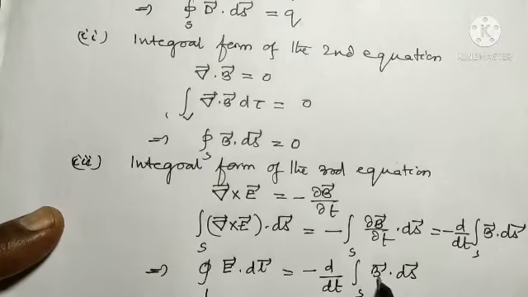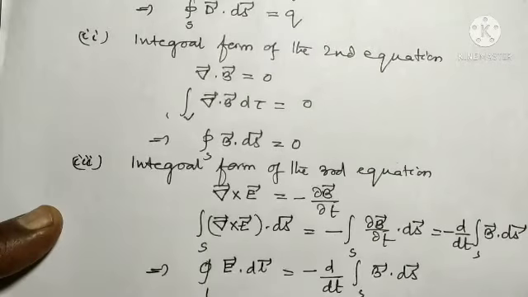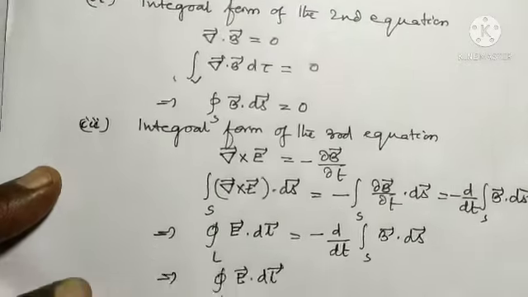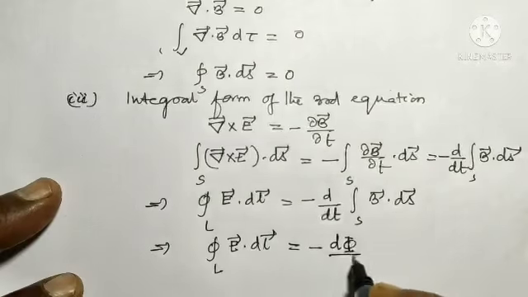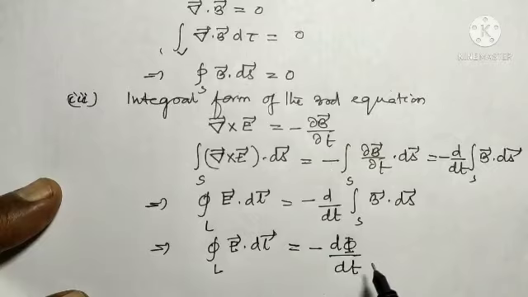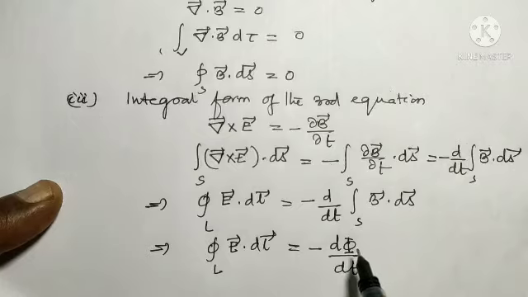So surface integral of B, that is B dot dS, is magnetic flux. So line integral of electric field E is equal to minus d phi by dt. So this is the integral form of Maxwell's third equation.